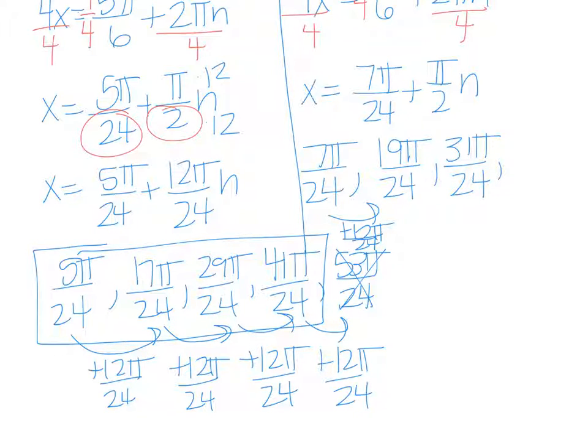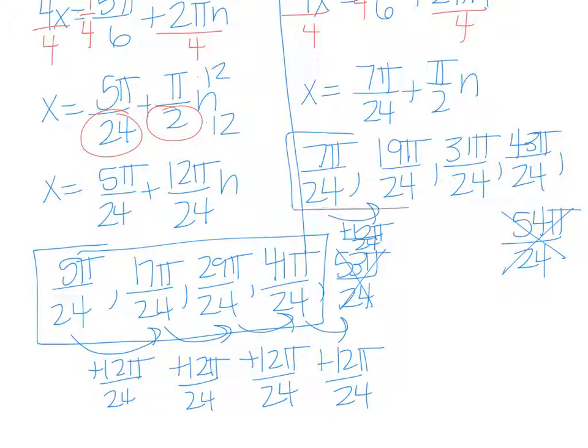Add again, we get 43 pi over 24, which is getting closer, but still not over 2 pi. 2 pi would be 48 pi over 24. And then if we add 12 again, this is where it jumps over. We get 55 over 24, which is over 2 pi. So that's too big. So it's these four answers.